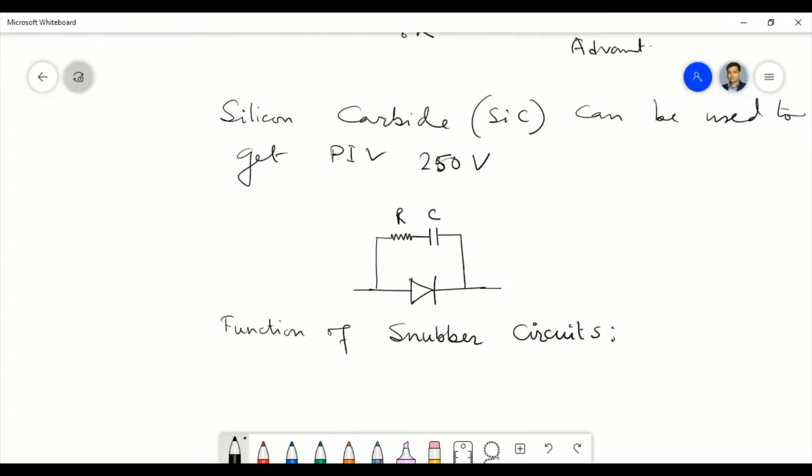So the first function of the snubber circuit is that it protects the diode from high reverse voltage, negative voltage, during reverse recovery.